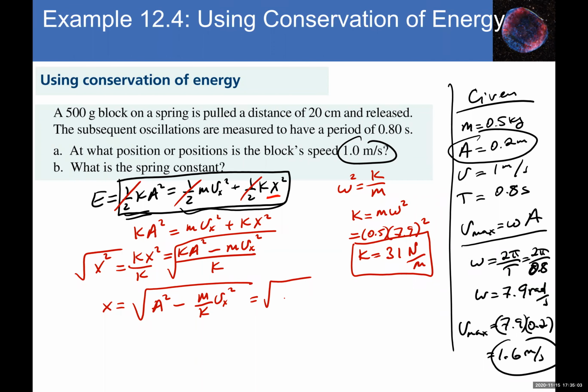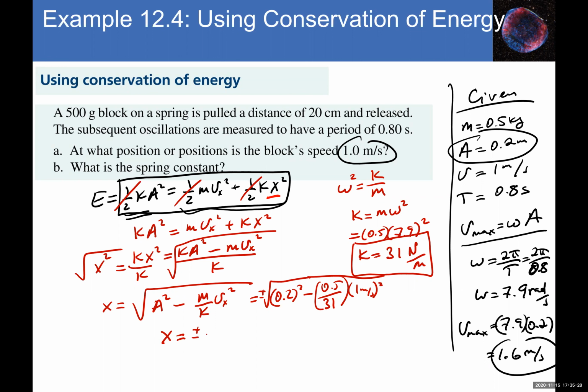So it equals 0.2 squared minus 0.5 over k, which, let's say k is again 31, times 1 meter per second squared. And if I do that, because this is a square root, x is plus minus, right?